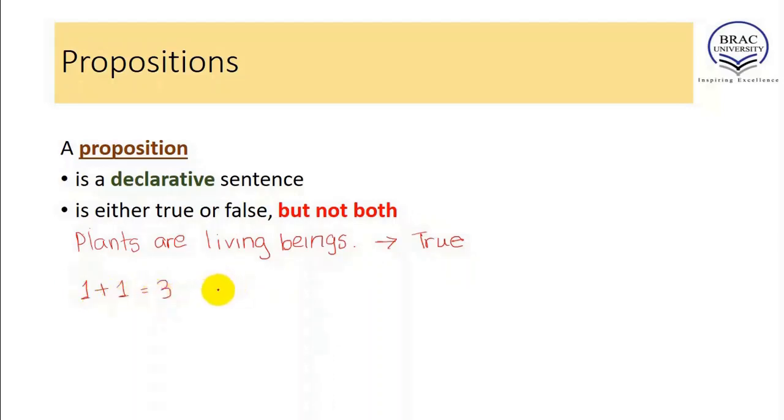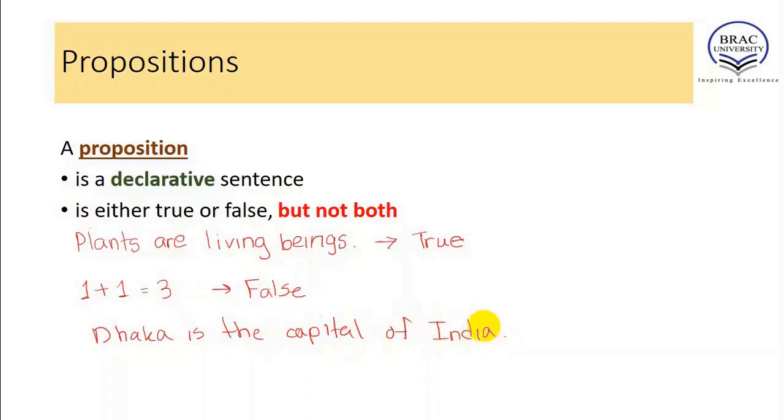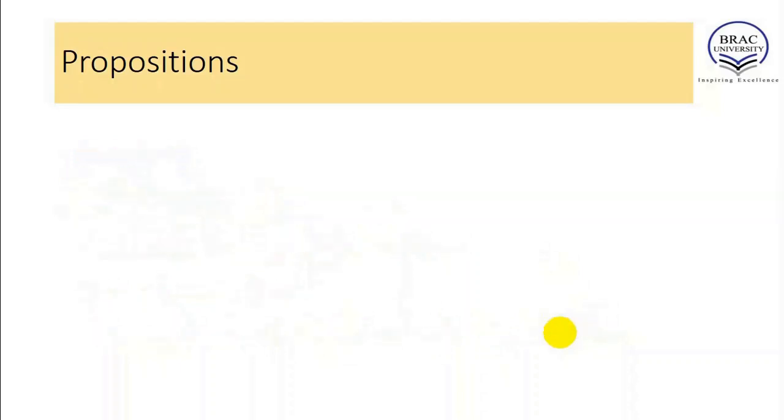And we know that this is false. Okay. Also we can write something like this. Dhaka is the capital of India. So this is not correct. So this is false. Okay. And each of these are propositions.